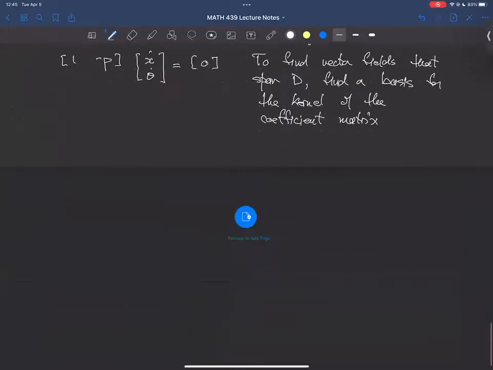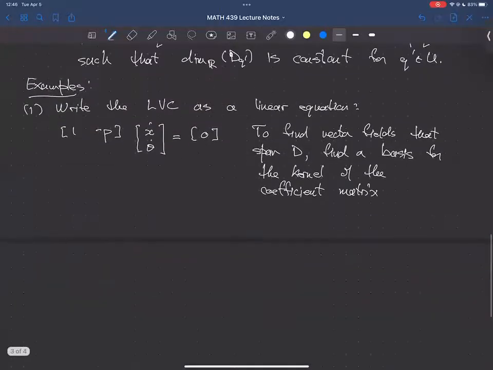You need to find a vector field, a linear combination of d by dx and d by d theta, which satisfies the equation.